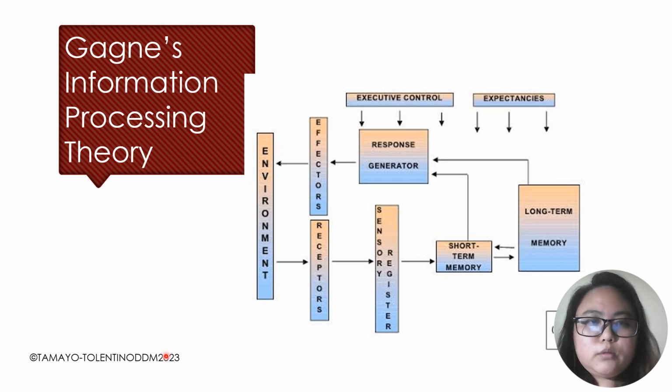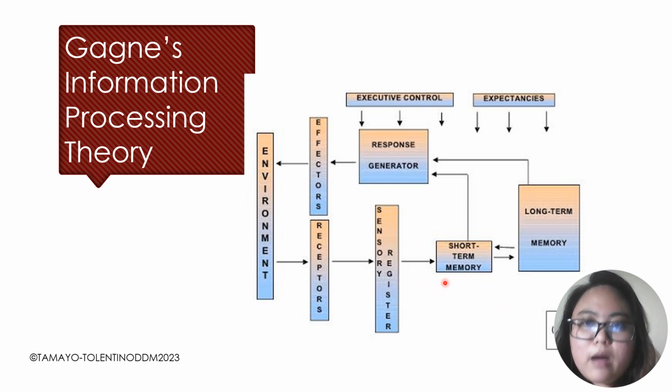The brain, through our receptors, receives information from the external environment, and this information is converted into electrochemical messages and sent to the brain. The sensory register screens the information, and only those that are related to our previous knowledge, values, beliefs, and expectations get stored in the working memory or the short-term memory.